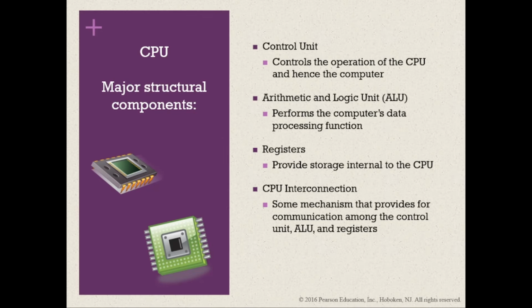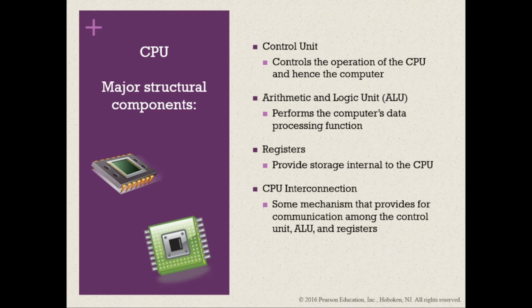However, for our purposes, the most interesting and in some ways the most complex component is the CPU, the central processing unit. Its major structural components are as follows. The control unit controls the operation of the CPU and hence the computer. Next is the arithmetic and logic unit, or the ALU, which performs the computer's data processing functions.